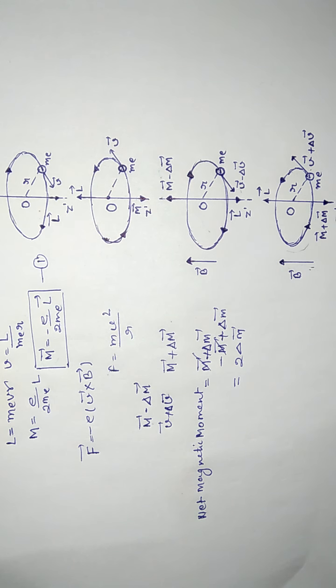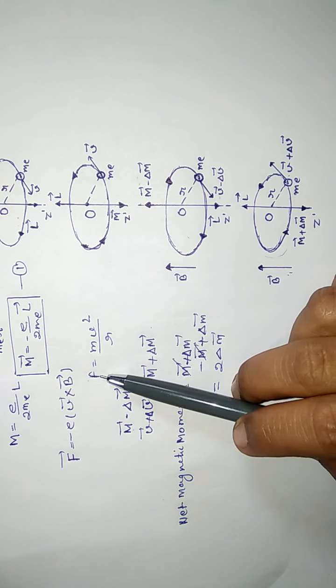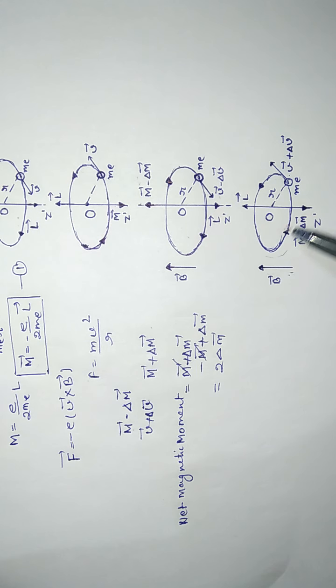And for the electron which is revolving in the anti-clockwise direction, the Lorentz force acts radially inwards and tends to increase the centripetal force, and the force is proportional to velocity, so the velocity of the electron increases.